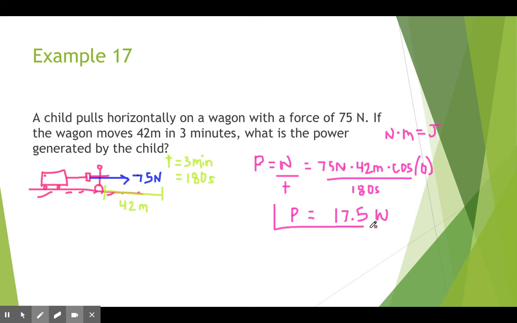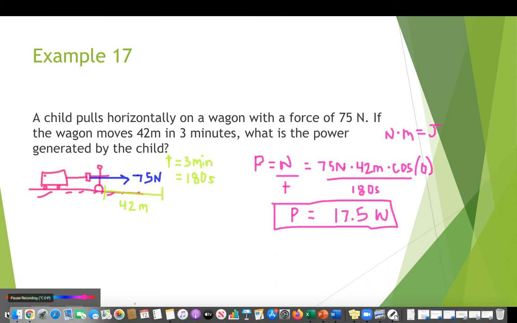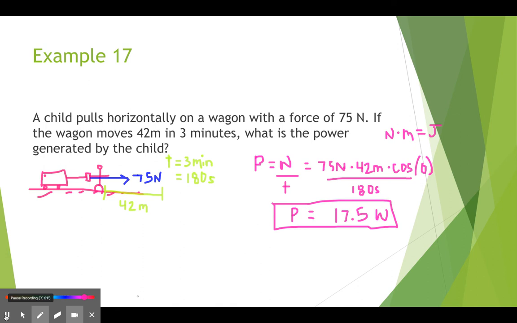So the child has produced or generated 17.5 watts. Okay. That one's pretty straightforward. Let's head to the next one.